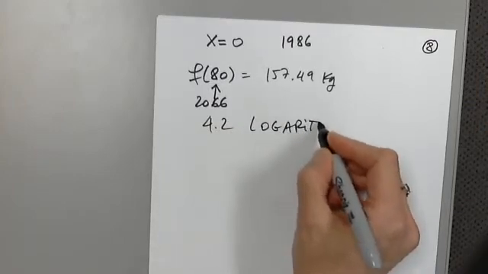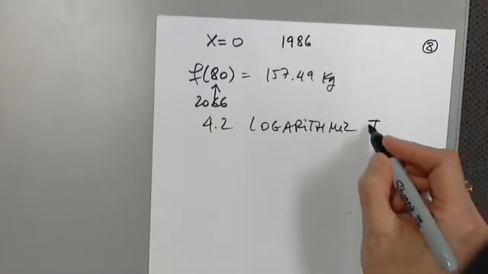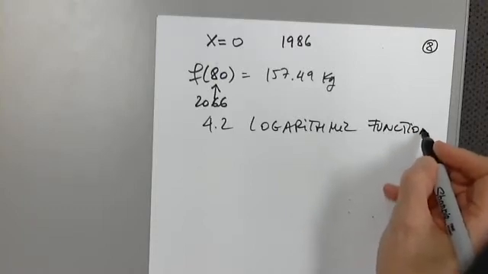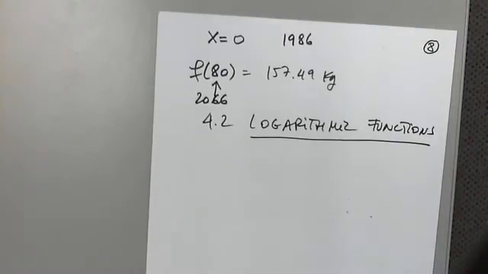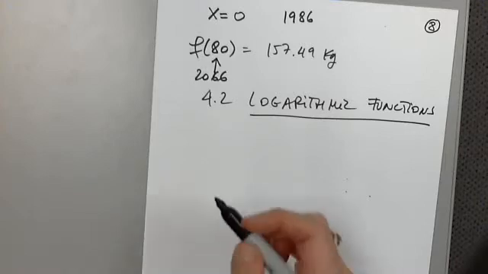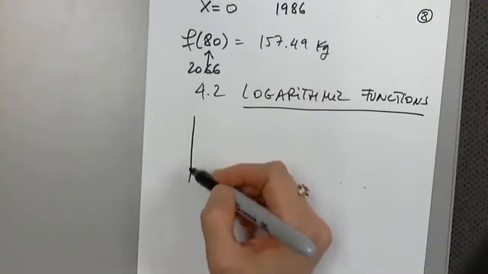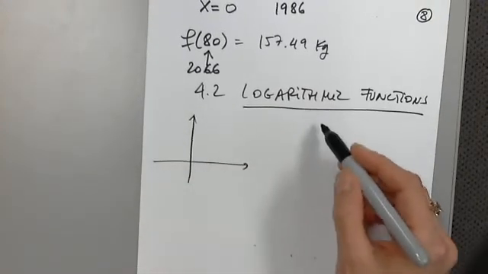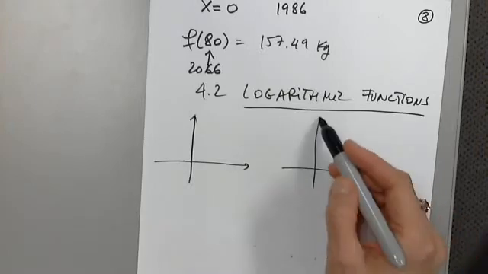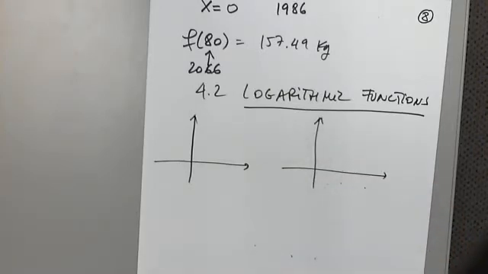Okay, so we are ready to move on to 4.2, logarithmic functions. We didn't know the name, but we already graphed those a few minutes ago. I didn't tell you. I hid that from you, but we just graphed them.